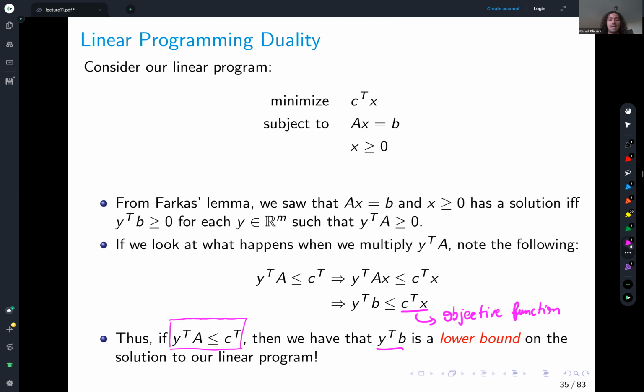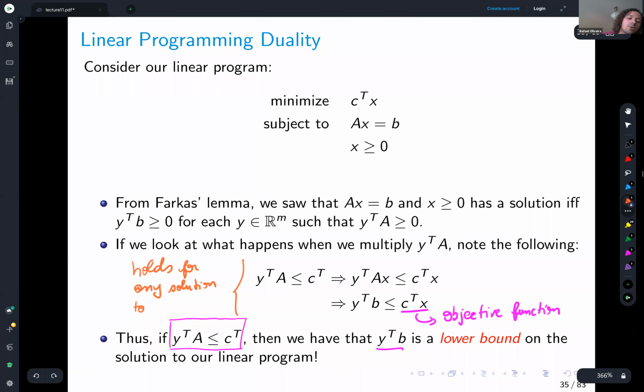Note that this inequality holds for any solution to our linear program, and therefore, if it works for any solution, it works for the minimum. That's why any solution Y of this other linear program is a lower bound on the solution to our current linear program.